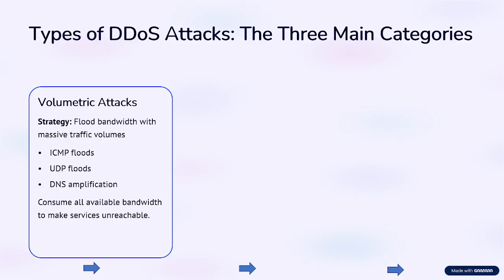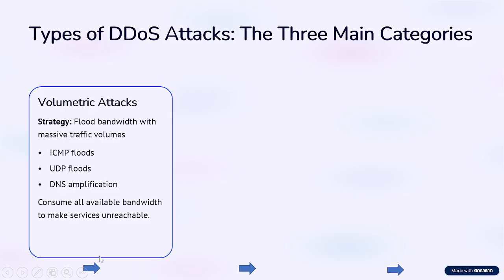Common examples include UDP floods, ICMP floods, and DNS amplification floods. All these 3 examples we are going to discuss in detail in the subsequent slides. The goal here is simple: consume all available bandwidth, making legitimate service unreachable due to sheer overload.